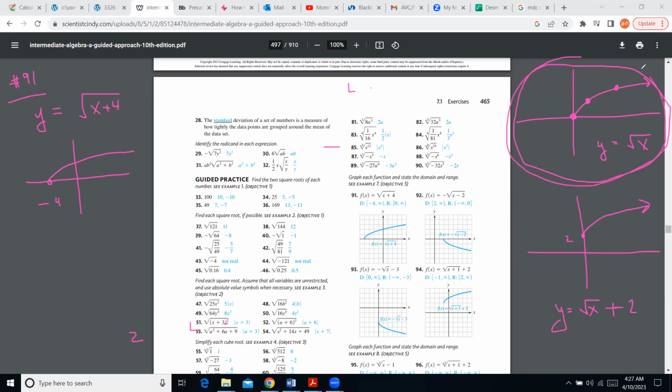We need to take that function and move it 4 units because it's x plus 4.